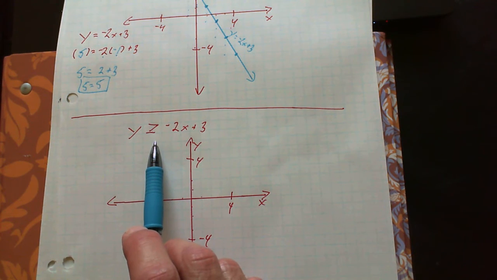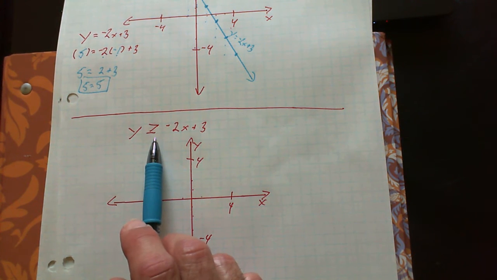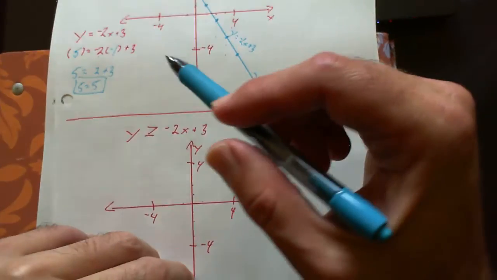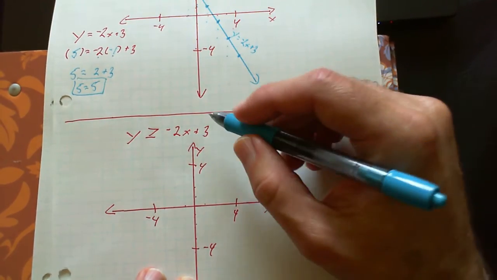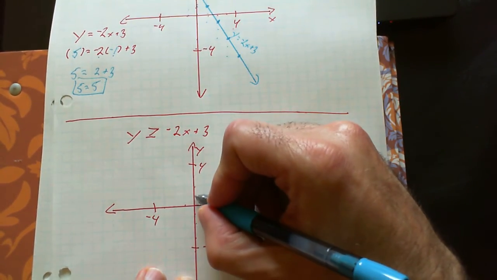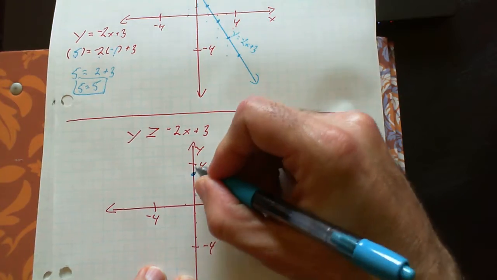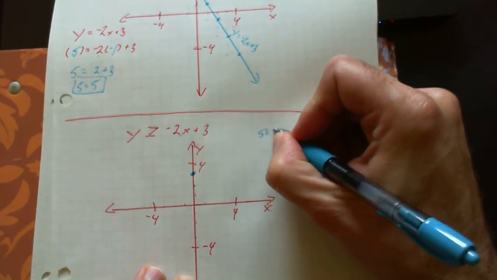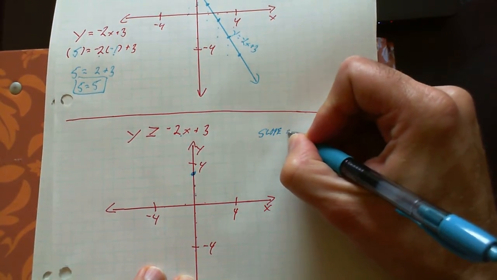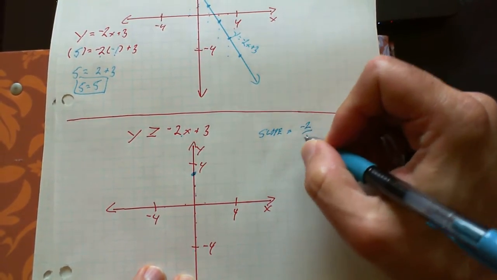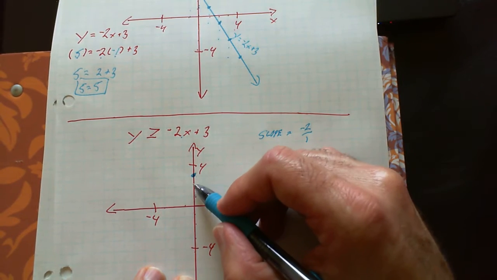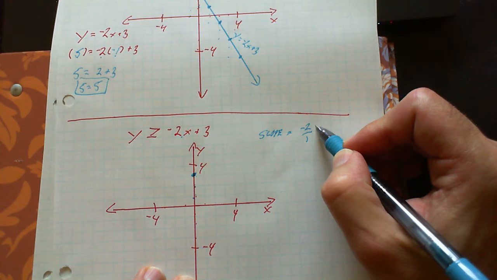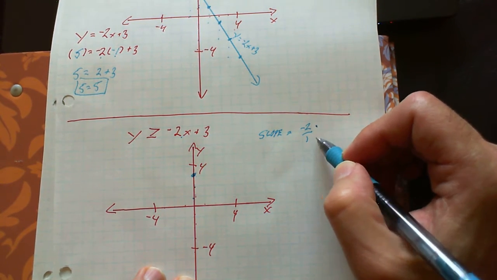Okay, now that you've paused it, let's see. In order to graph this, first let's ignore the inequality and pretend it's an equal sign. I've got my 3 as my y-intercept: 1, 2, 3. And my -2 is my slope. My slope is -2 over 1. That means I'm going to go down 2 from the y-intercept, and I go over 1.